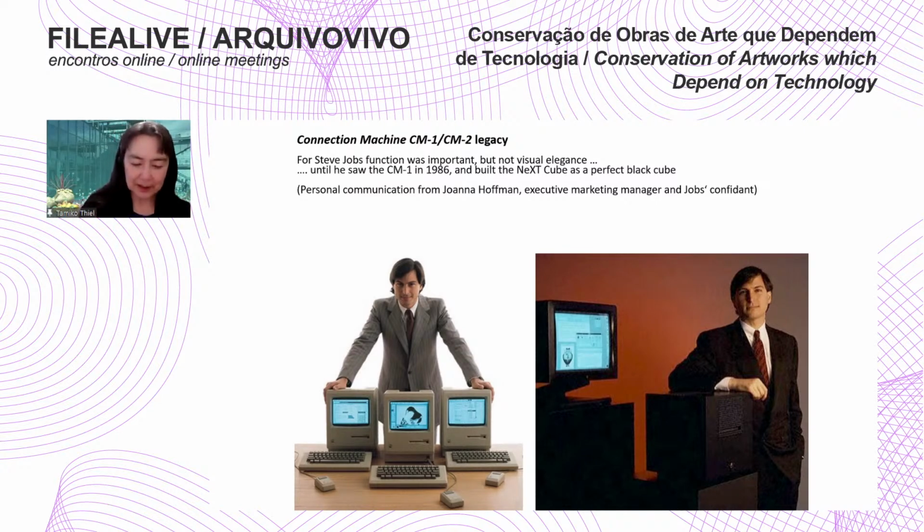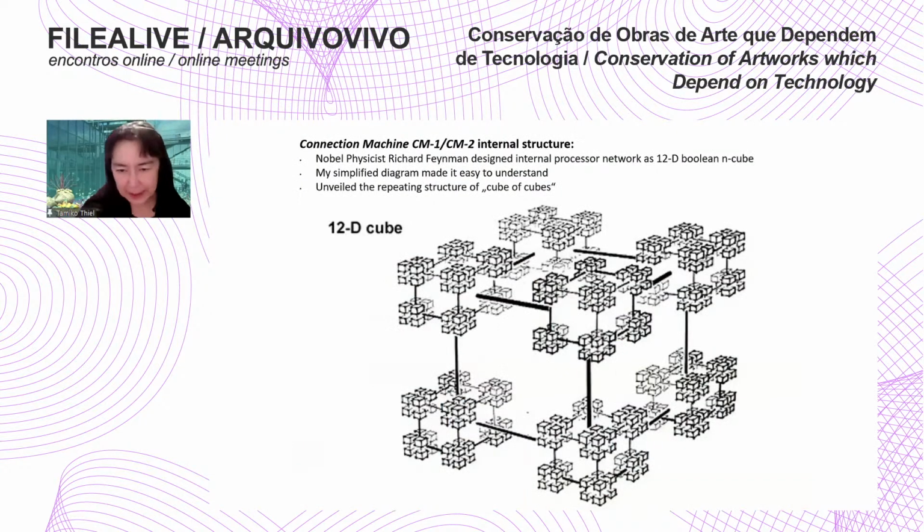And then the curator Paola Antonelli talked with Joanna and confirmed that it was really the epiphany of seeing the connection machine that made Jobs realize that these technical boxes could be something more sublime than just a very useful tool. So with that, I got it into the Museum of Modern Art.